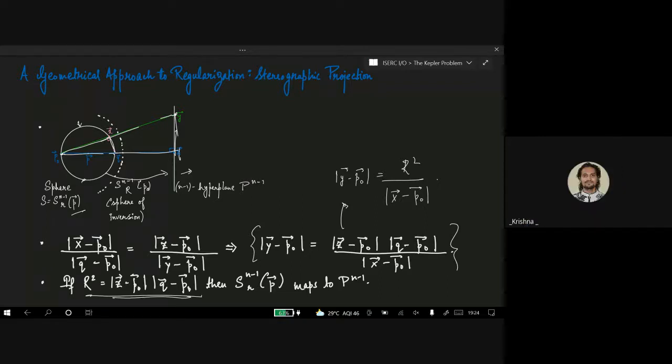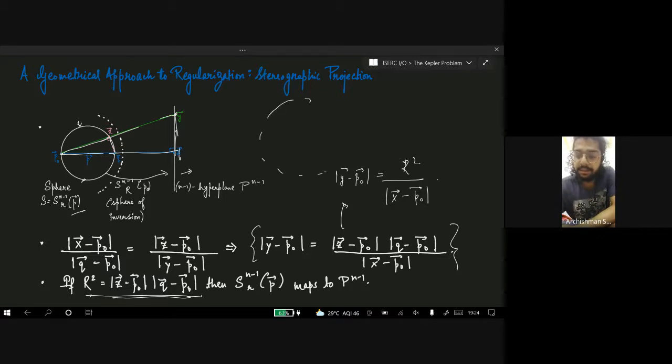But you are mapping the points from the inner sphere to the plane. Yeah. So what I'm doing is, let's make this a little bigger. Here is your dotted sphere, and you're inverting with respect to this sphere. And here is some other sphere which passes through the center of the dotted sphere.